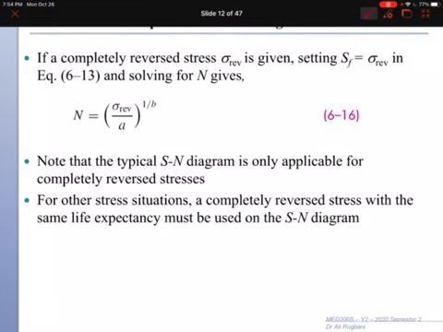Okay, for other stress situations, we cannot use this method. Completely reversed stresses means an element is subject to positive and negative stress values.